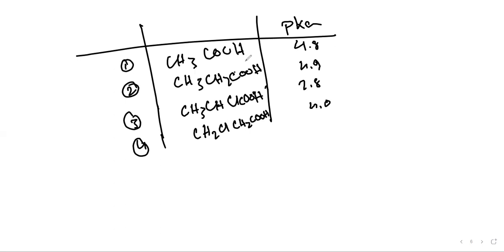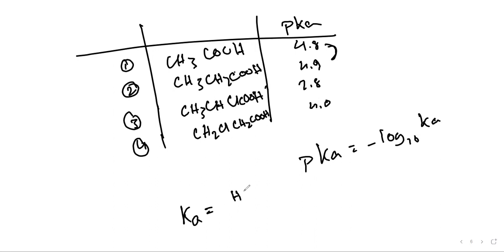If we compare the first two values, 4.8 and 4.9, the first acid and the second acid, why do they have different pKa values? First, let's write pKa equals the negative logarithm base 10 of Ka. If we write the equation for Ka, Ka equals H+ squared divided by the acid concentration.